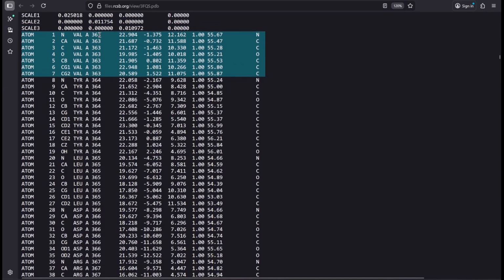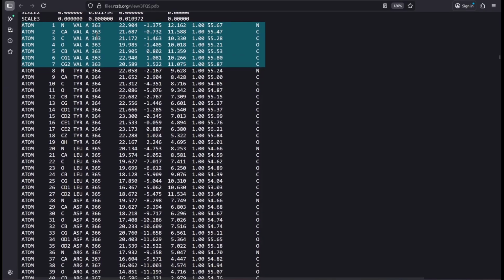Now, of course, here the numbering is not starting from 1, because in this particular protein, it's not just that the part that is crystallized is the whole protein. There is also a part before that, and there could be a part after that also.